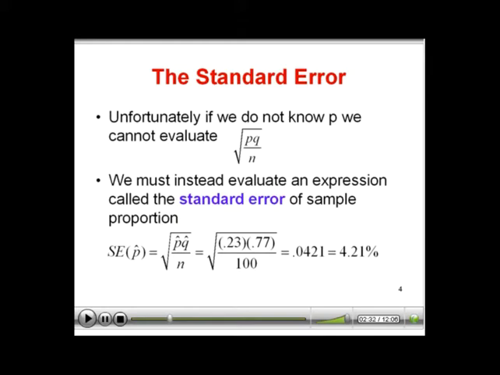This expression is called the standard error. In our example where we want to estimate the proportion of college students who smoke, the value of the standard error is 0.0421 or 4.21%.